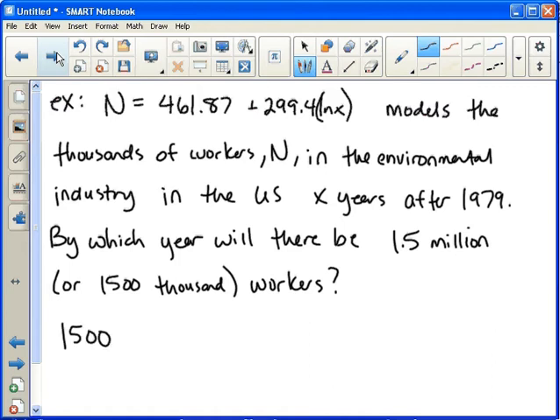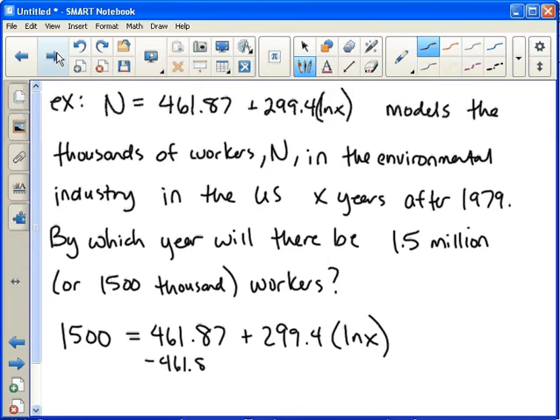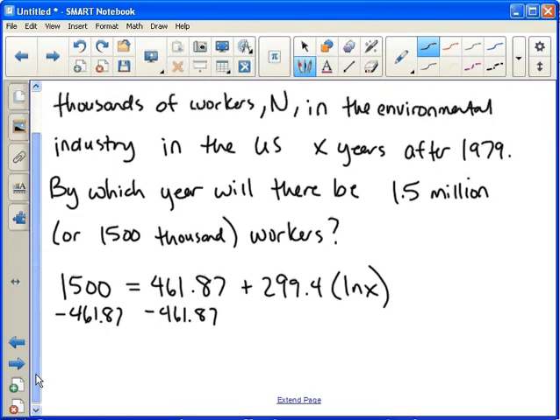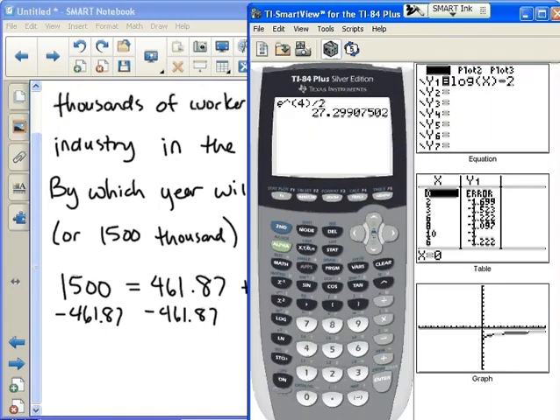And I need to solve for x. Well, my first step here is going to be subtract 461.87 from both sides. So let's see what that gives us. 1,500 minus 461.87, and we get 1,038.13.